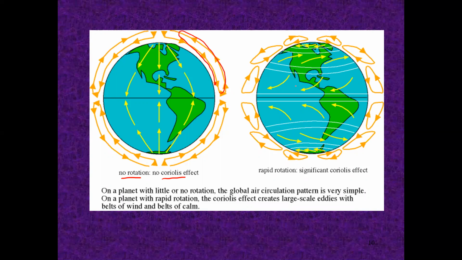But because the Earth is spinning on its axis, these winds get pushed one way or the other. And that's what we see. We get these different winds because of the deflection, because the Earth is spinning.